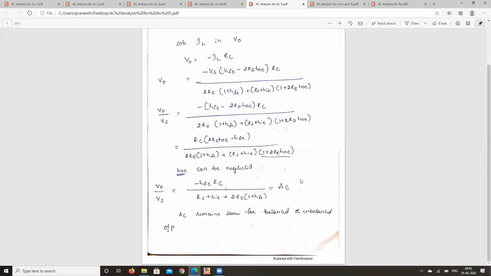That's why AC remains the same for balanced or unbalanced output. So finally you got the expression for AC as minus HFE RC by RS plus HIE plus 2 RE into 1 plus HFE. Now we have derived the common mode gain for the differential amplifier.